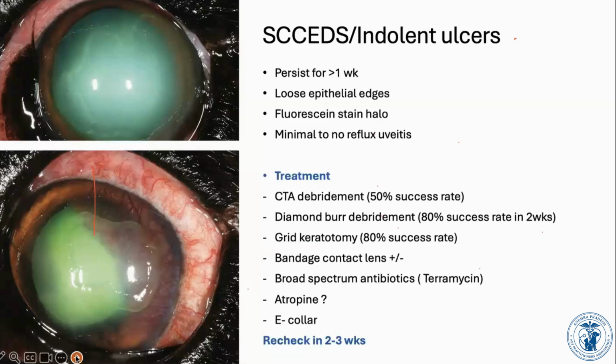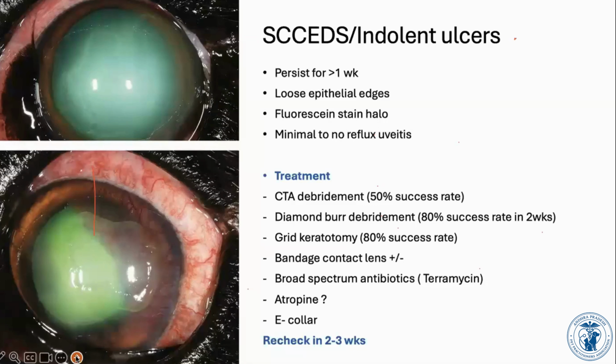So when it comes to SCED treatment, first we have to get rid of that loose epithelial tissue. Basically, the epithelium is healing, but it is not attaching properly to the stroma. That's why that ulcer doesn't heal. So we have to create an environment good enough that epithelial cells start attaching to the stroma.